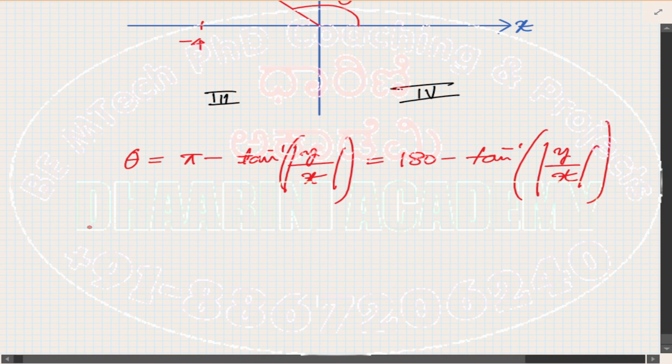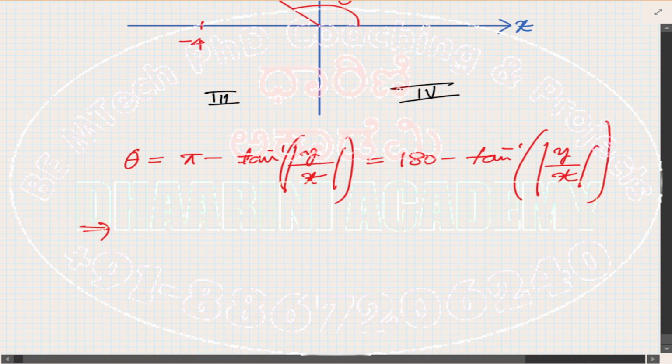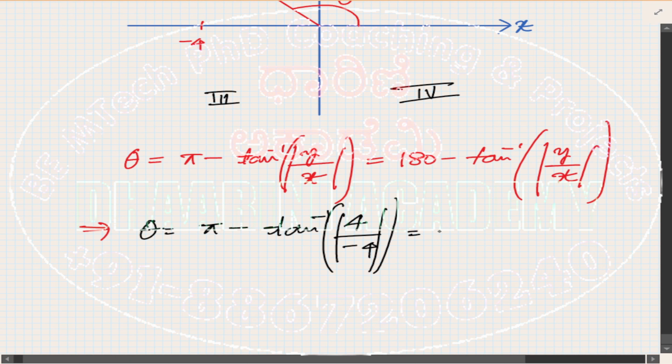So let's do that now. In this particular problem, let's find theta. Therefore theta is equal to pi minus tan inverse of, y is 4, x is minus 4, correct? So 4 by minus 4, its magnitude. So this is pi minus tan inverse of 4 by minus 4, which is minus 1.